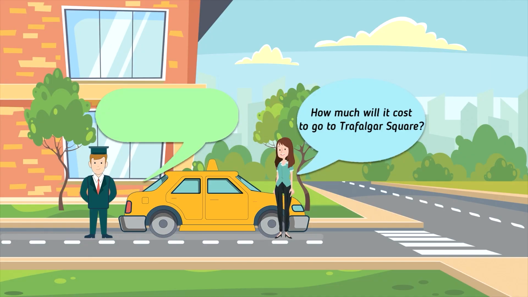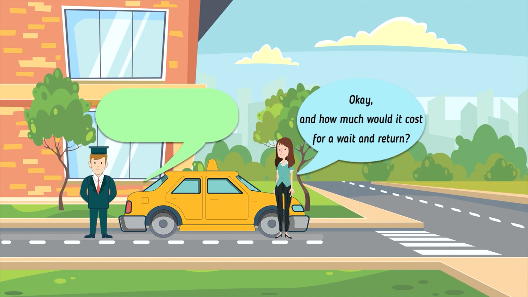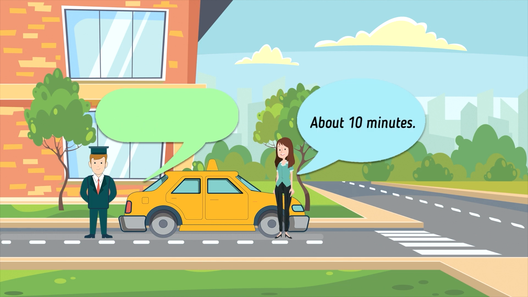How much will it cost to go to Trafalgar Square? It will cost a total of £10.50. OK, and how much would it cost for a wait and return? It depends really on how long the wait is. About 10 minutes? It will cost you £24.78. OK, that's fine.